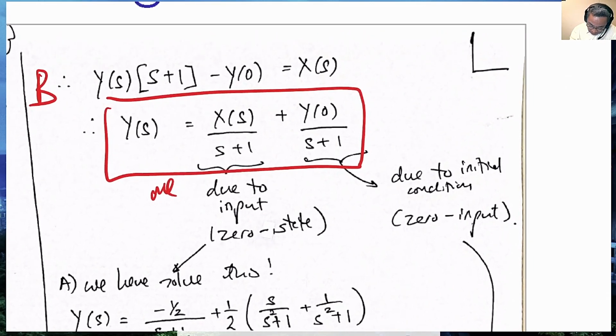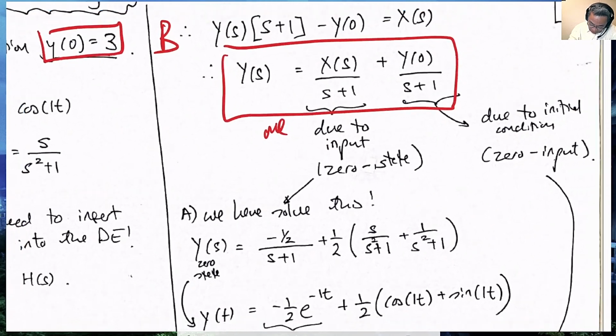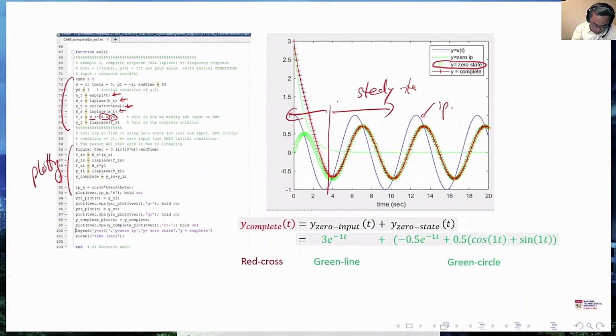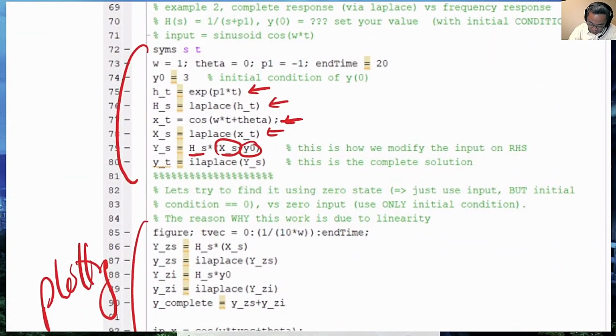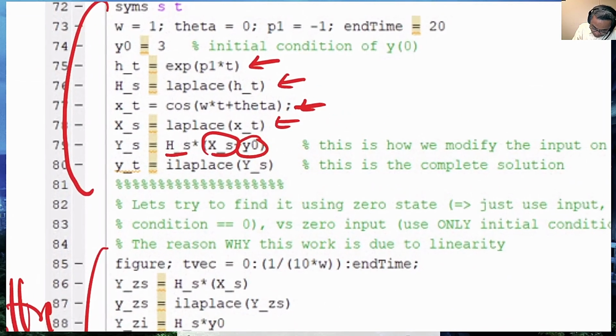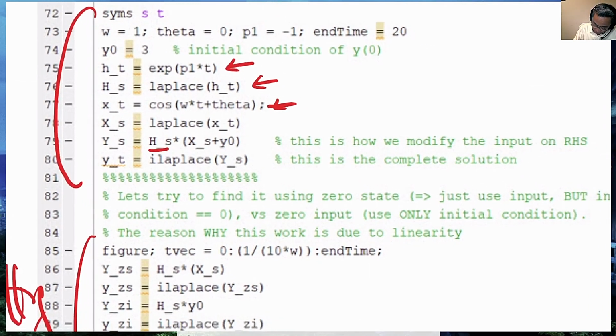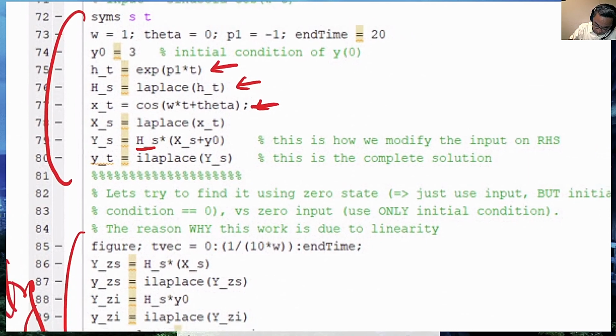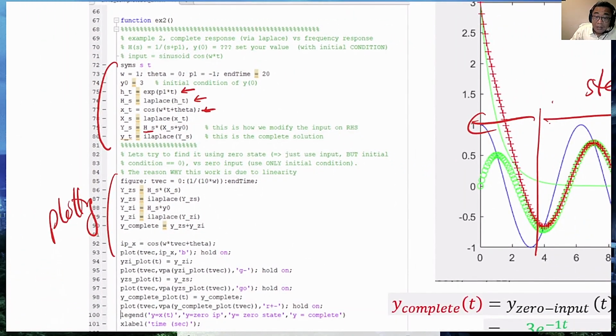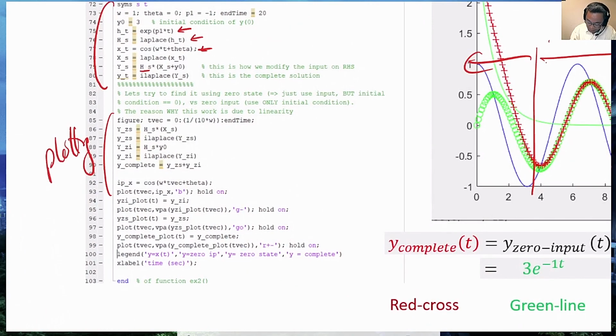So if you look at this, what I did carefully: H of s times X of s, as well as plus y0 here. Alright, so you can play with this and you'll get the answer from the last line, y of t equals the inverse Laplace. The rest is just plotting.